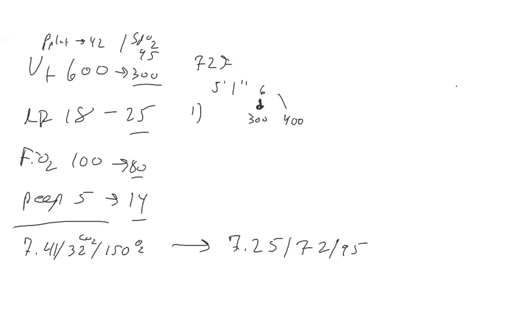So permissive hypercapnia. What do you know about that? So you're right. This gas is a little acidotic. But what happens if you take your tidal volume and you decrease it, or you take your respiratory rate and you decrease it?